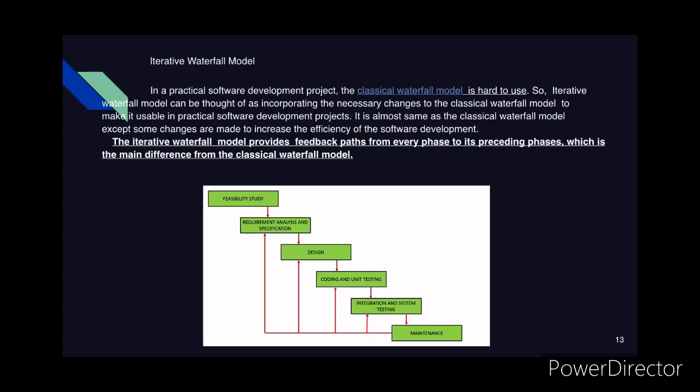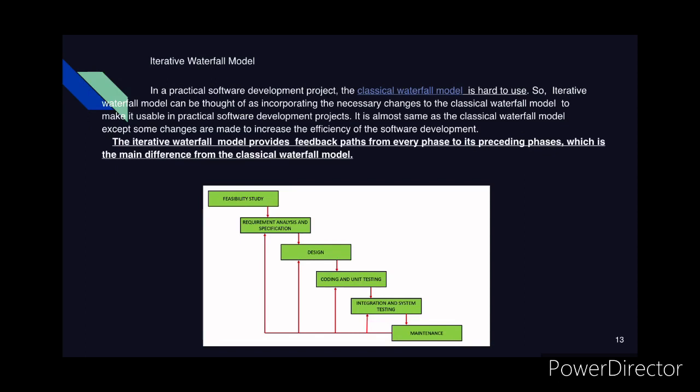So the second model is the iterative waterfall model. As I have already said, the classical waterfall model is very hard to use in a real-time scenario. So the iterative waterfall model can be thought of as incorporating the necessary changes to the classical waterfall model to make it usable in practical software development projects.